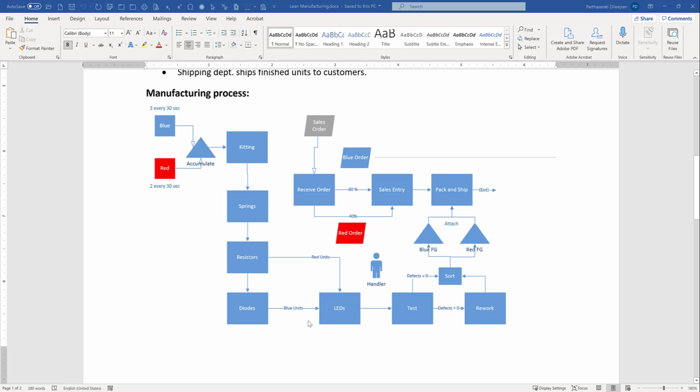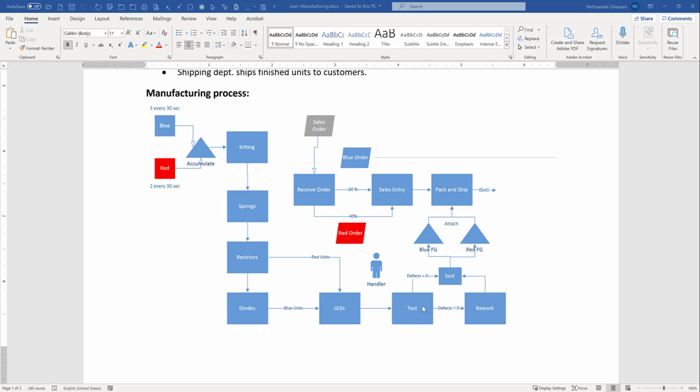Only blue will go through diode, and then the red goes directly from resistors to LED. Then once LED is put on, the product goes to testing, and if the entire batch passes, there are no defectives, then it goes to sort, where the red and the blues are separated out.